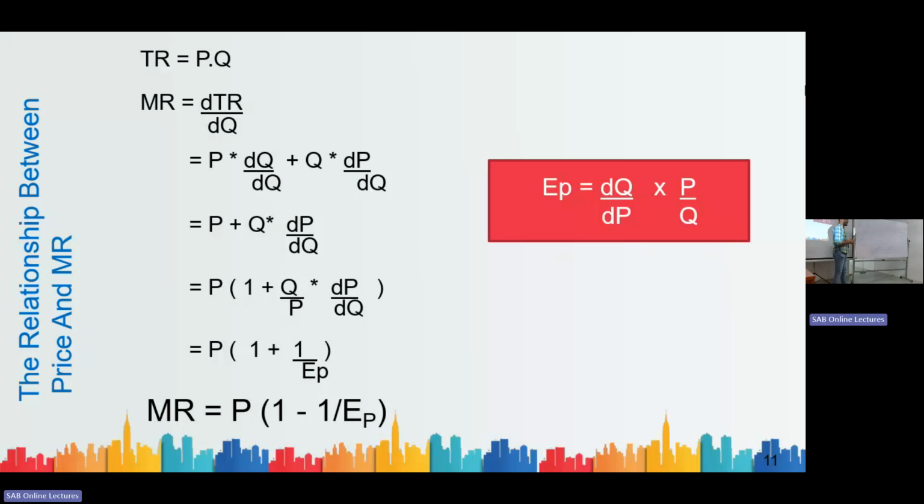That is the way of interpreting this value. This is price elasticity of demand between point A and B, when the point moves from A to B on the demand curve.